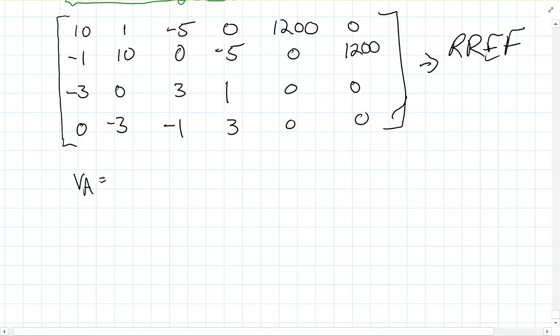I get that VA is 180.82 minus j 82.19, and then VB I get as 138.08.